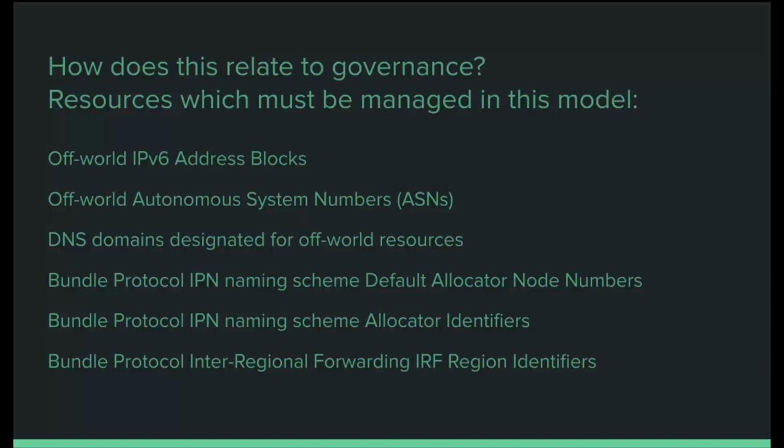And there are several bundle protocol specific naming resources as well that require governance at present or will require governance in the future. First among these is the Bundle Protocol Interplanetary Networking IPN naming scheme default allocator node numbers. These are presently managed by the IANA, the Internet's clearinghouse for protocol-specific registries.